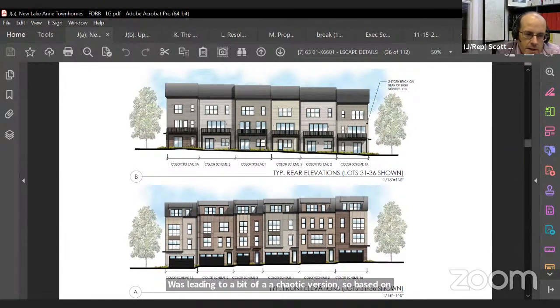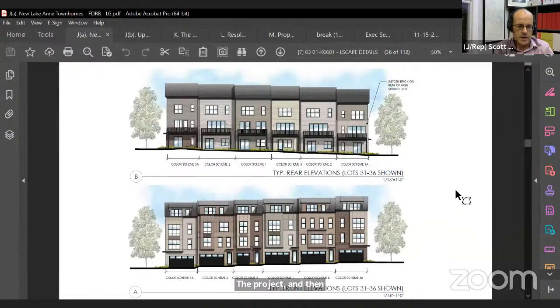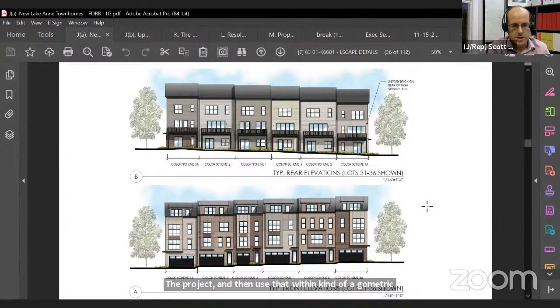So based on the comments, we adjusted the bays that you see and made the proportions of the windows a little bit more consistent, sort of like a kit of parts that we could apply to the project within a geometric structure, like what you'd see over at Hickory Cluster, to form the geometric shapes that you're looking at.